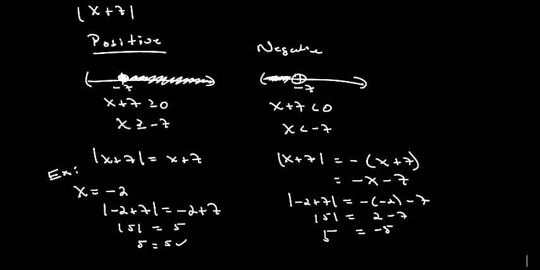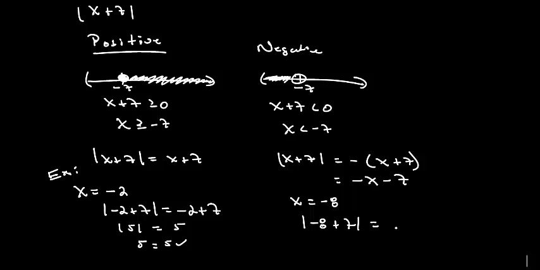So what I'm saying is if you try to use the wrong formula, the wrong procedure here, you get the wrong answer. Now if I pick a value that's over here, I've got to use this guy over here. So let's say I pick x equals negative 8. Then negative 8 plus 7 is negative 1. I can use this or I can use this. Doesn't matter which one I use.